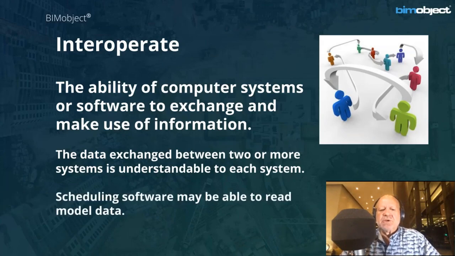An example of this is the scheduling software. It might be able to read data out of the model. You get into how much time it takes to actually install a specific building product that could become part of that model data, but it's able to be extracted and utilized in a scheduling system.